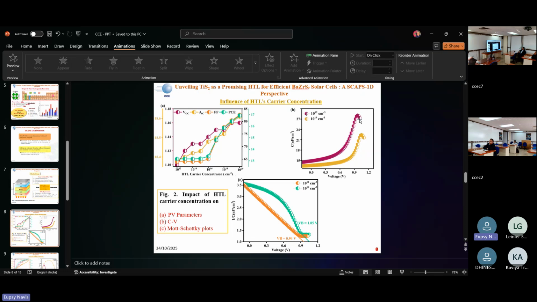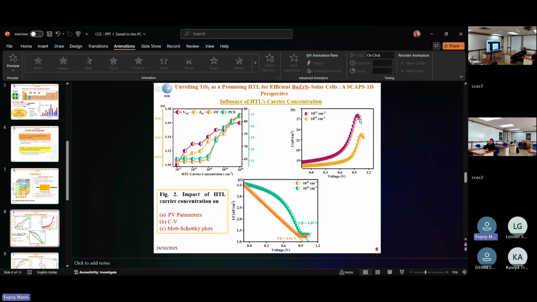So what happens is that because of this higher accumulation capacitance, electrons and holes at the interface require more energy to cross the barrier and reach their contacts. Therefore, most of the carriers get recombined. So therefore, there is minimal performance when the carrier concentration is less.